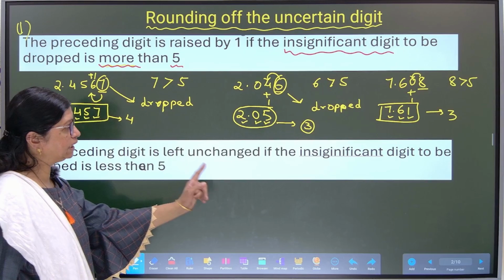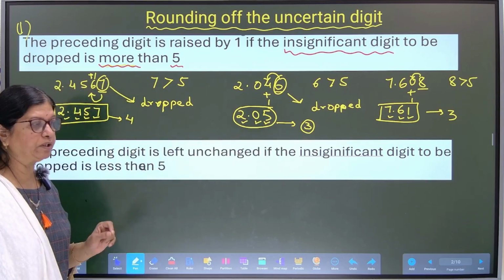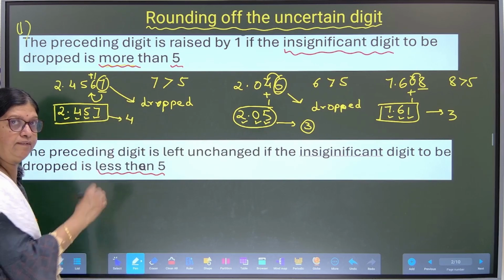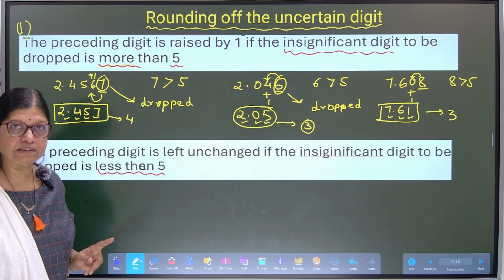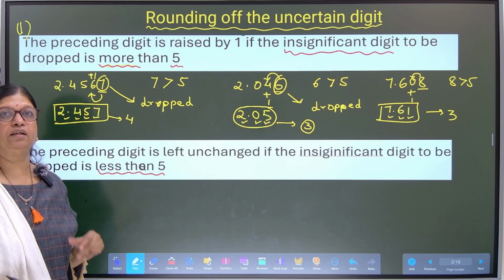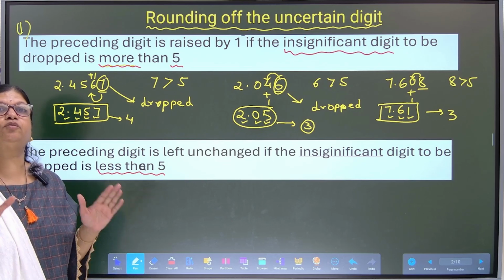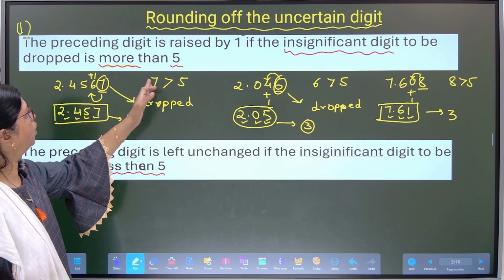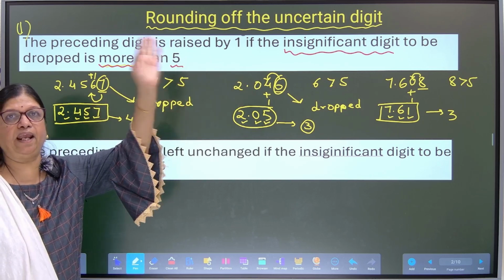Now if the insignificant digit to be dropped is less than 5, this was greater than 5, now we are considering less than 5, then what is to be done? We have to simply drop that digit, just like how we dropped 7 here, 6 there and 8 there.